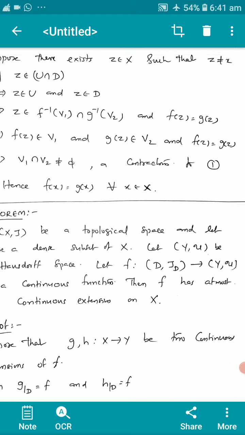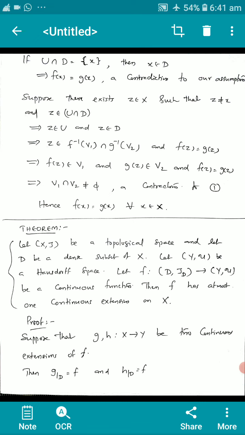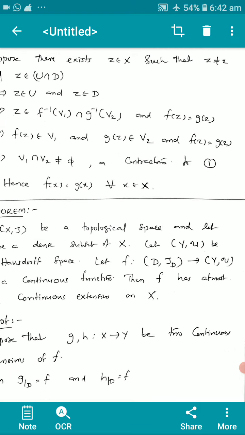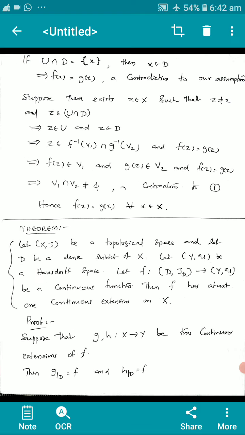This implies f(z) is in V1 and g(z) is in V2, and f(z) equals g(z). What does it mean? That V1 intersection V2 is not equal to phi, which contradicts result 1, what we have already mentioned, as V1 and V2 are disjoint. Hence, f(x) equals g(x) for every x in X.